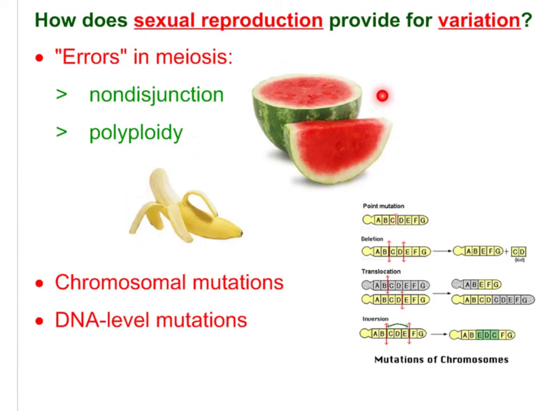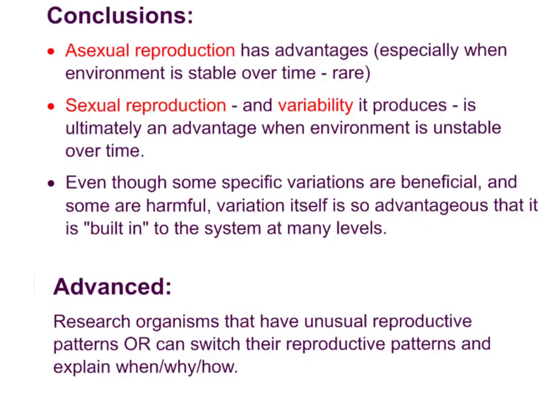Bananas and watermelons, seedless watermelons, or other seedless fruit as well, are examples of a monosomy or trisomy genetic combination, where you're getting simply 1N or a 3N possibility in the numbers of chromosomes. We also have things that we will talk about in later sections, chromosomal mutations and DNA level mutations. Those also provide for variation.